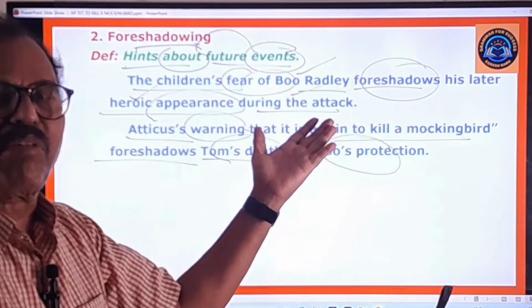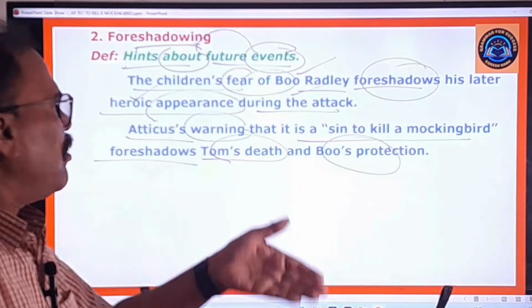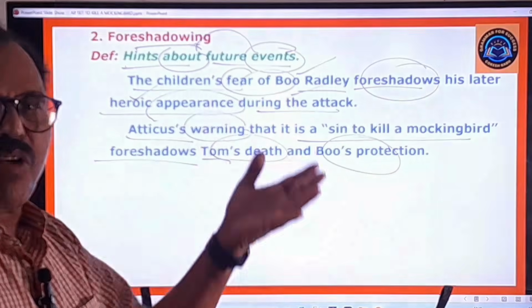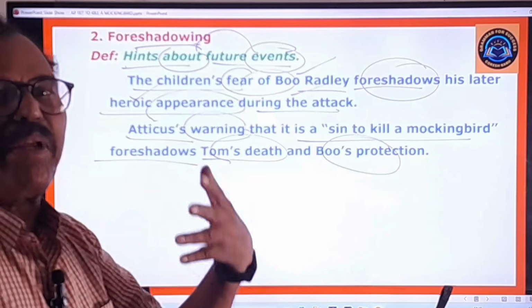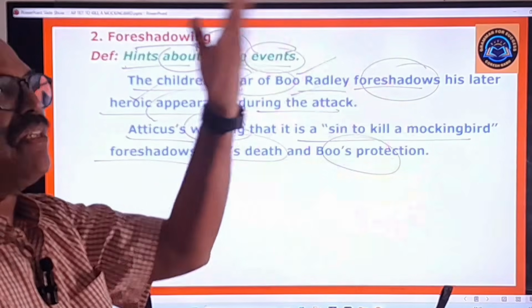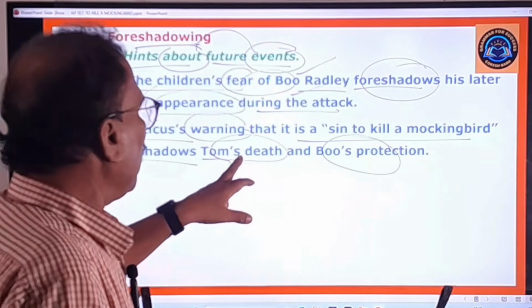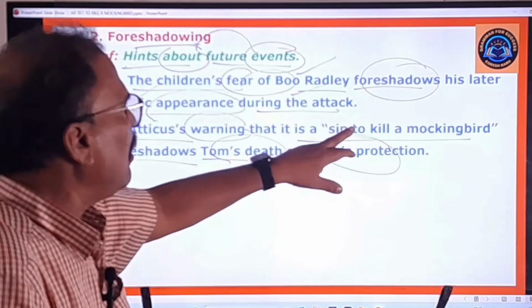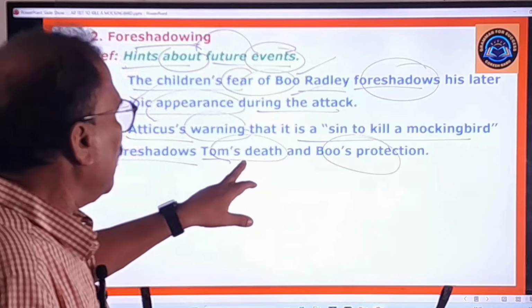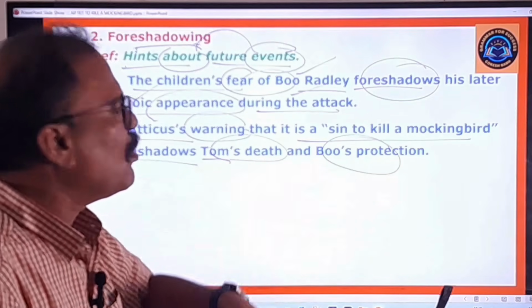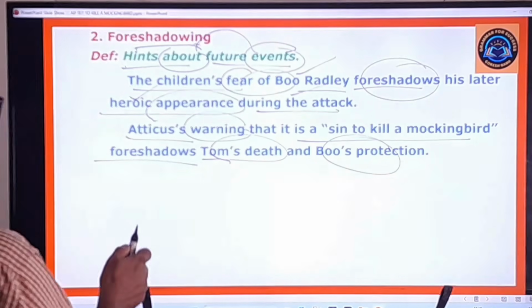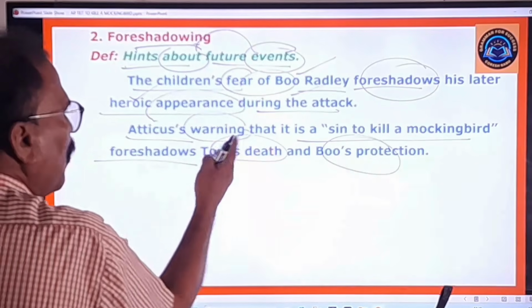Mockingbird means an innocent man here. Tom Robinson did not rape anybody, but even then that allegation was laid on him. He was falsely accused, and that is why he was just like a mockingbird. And here this tells us Tom's death and Boo's protection, right? So these two things foreshadow these events.